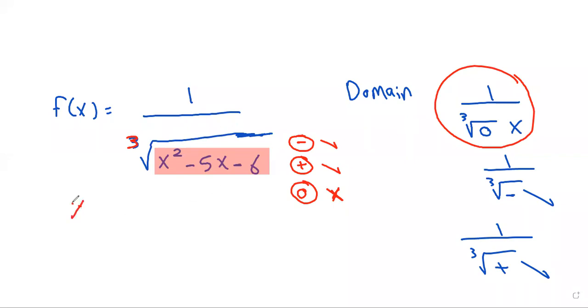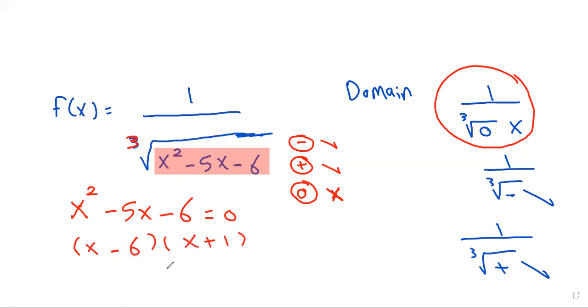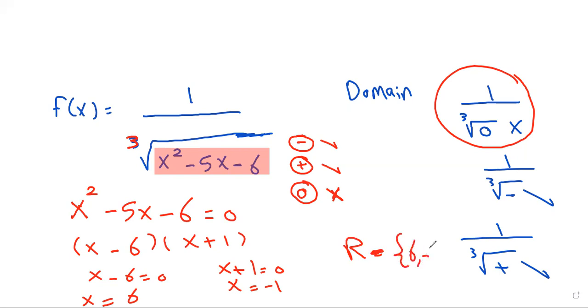So we will find all the exceptions. It's x squared minus 5x minus 6 equals 0. So we will factorize. It will be x minus 6 and x plus 1. So x minus 6 equals 0, x plus 1 equals 0. So x equals 6 and x equals negative 1. So the domain will be R difference only 6 and minus 1.